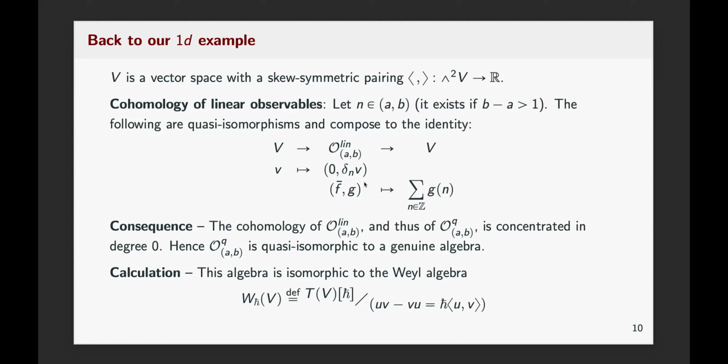So essentially, the quasi-isomorphism is given by sending V to this complex. We send a vector to the vector times the delta function at this site, sitting in degree 0. Okay, and this is a quasi-isomorphism.